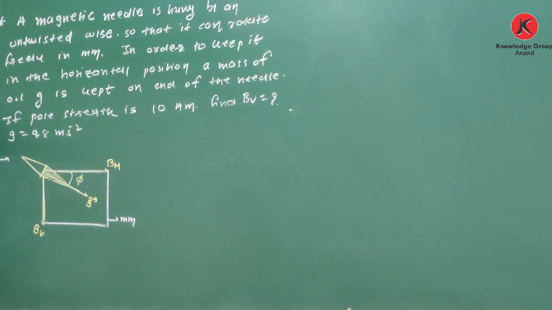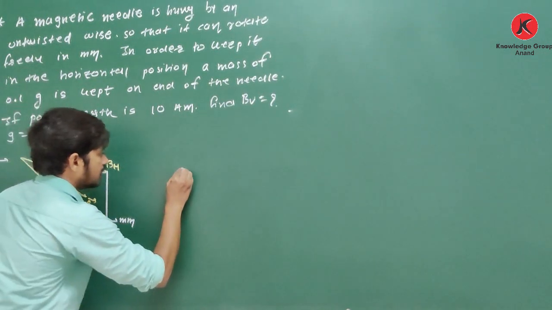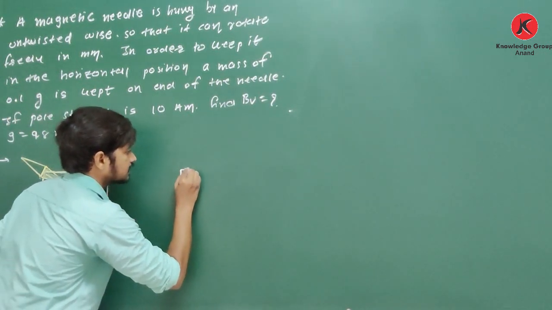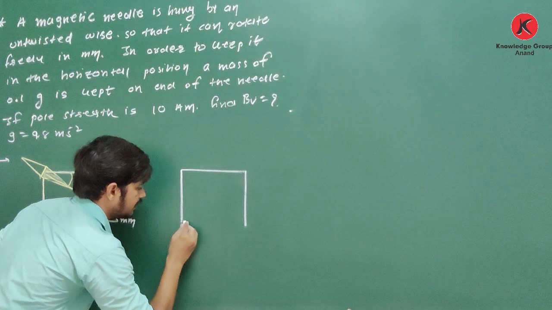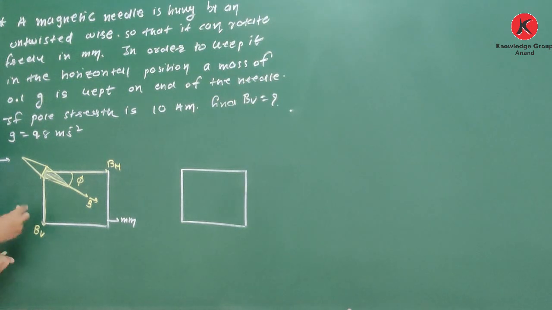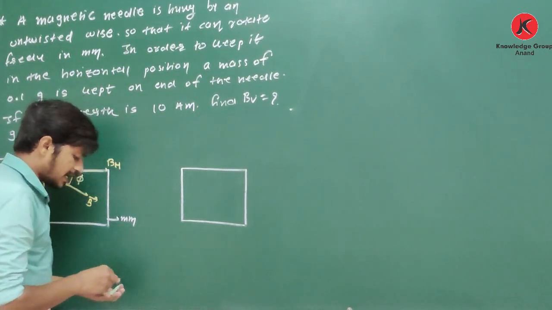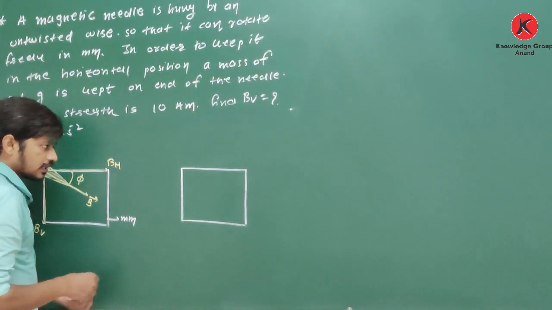Clear about this? You have to put that mass on this south pole. Now if you put that mass, what happens? Here again it is the magnetic meridian. If you put mass on this end, mg will act in the downward direction, then this magnetic needle will align in the horizontal direction like this.